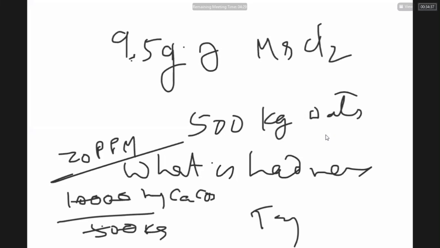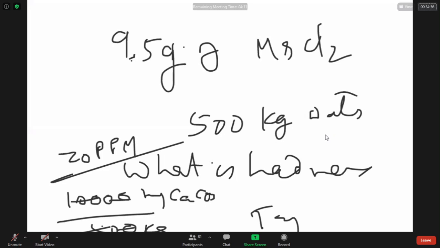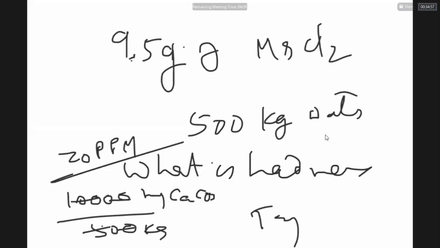From the weight of CaCO3, you calculate the weight of MgCl2. The weight of CaCO3 you get is how much, sir? 10,000 milligrams, which is equal to 10 grams. Then you work out CaCO3 100 is equal to 95 MgCl2, so 10 CaCO3 is equal to 9.5. This is reverse engineering.